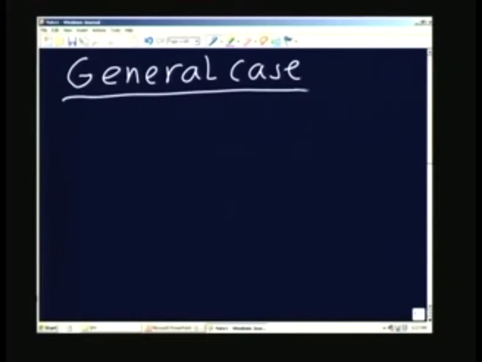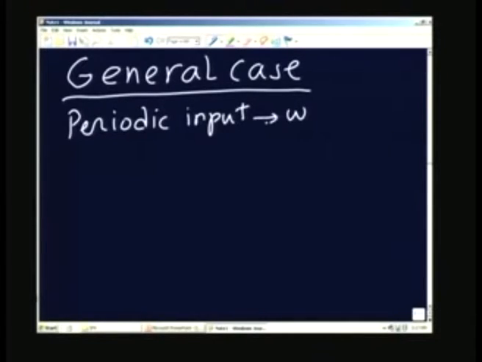So if I look at the general case, I am just going to make a very simple analysis without too much of mathematical details, so that we understand what we are talking about. If you remember what we did, we had a periodic input at one single frequency omega. We can call this the fundamental frequency.